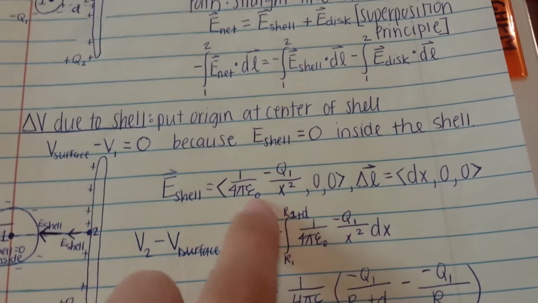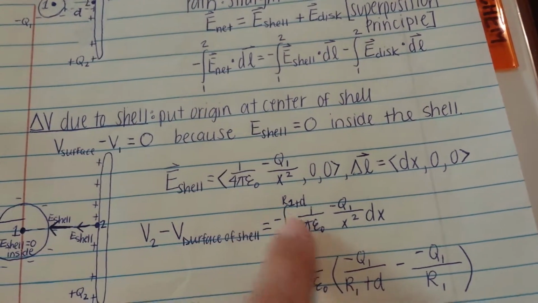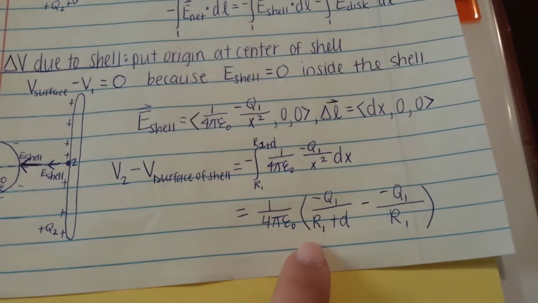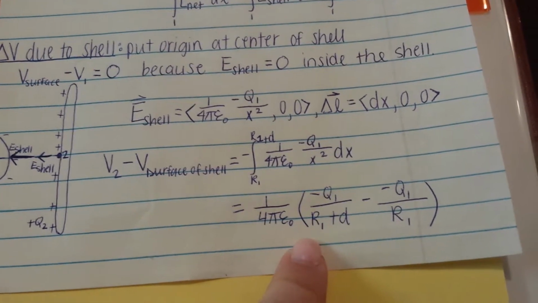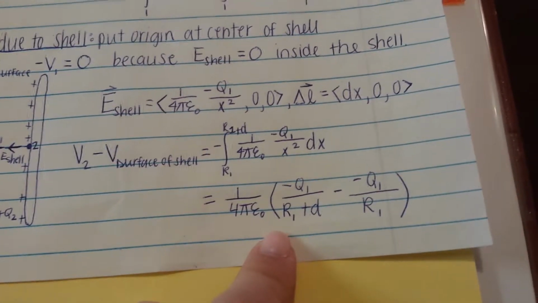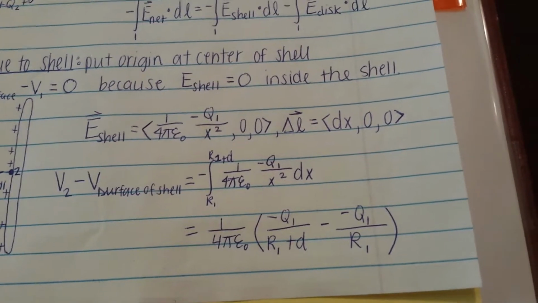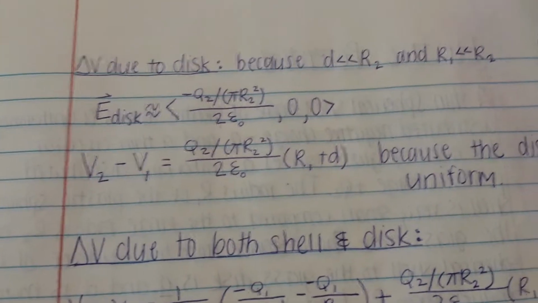So we integrate this, which is the electric field due to the shell, for dx, and this is what we get. And that's basically V2 minus V1 due to the shell. So that's just one component for the shell.